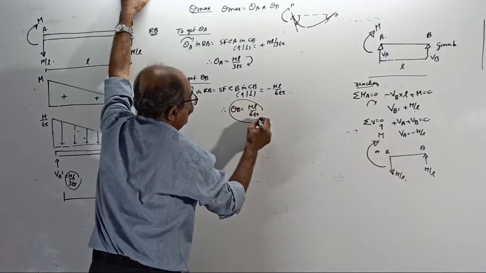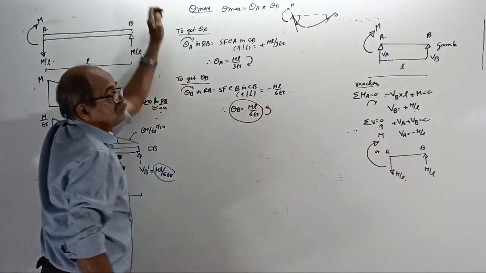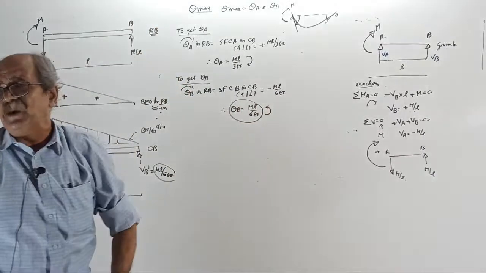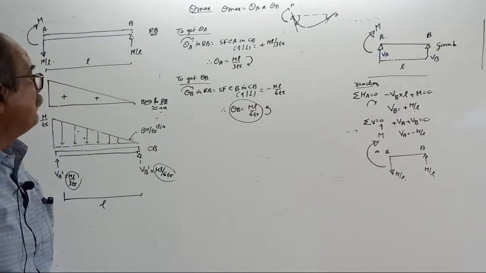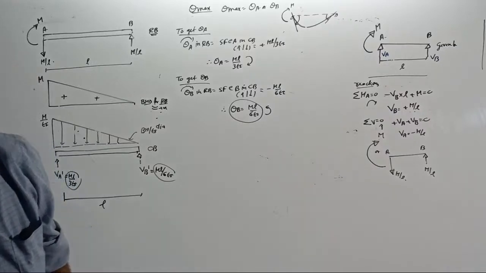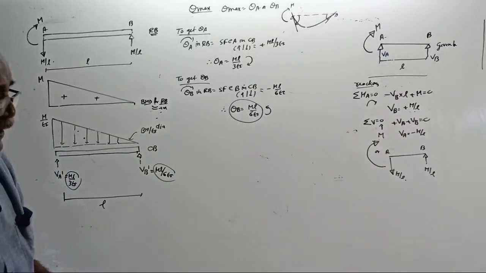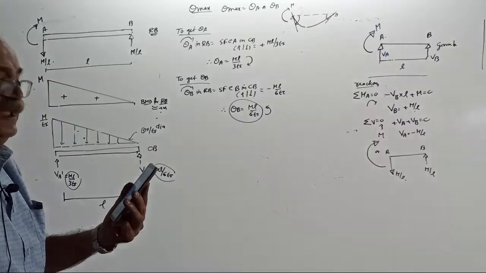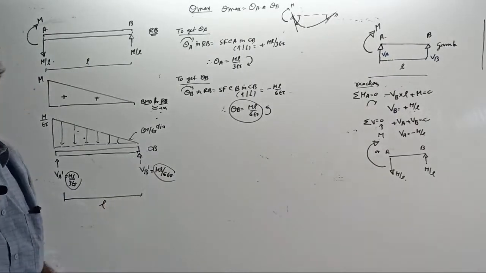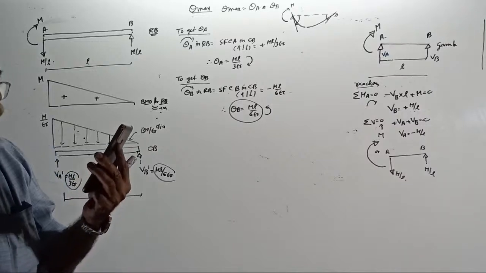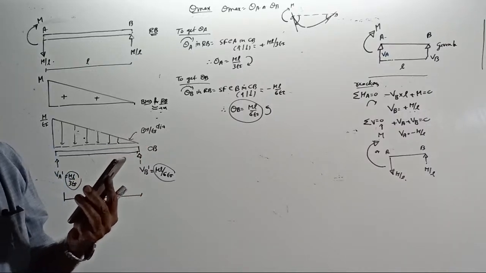I already told you, remember, anti-clockwise. At the support where the couple is applied, the slope is ML by 3EI. At the other support, half of that value, ML by 6EI.